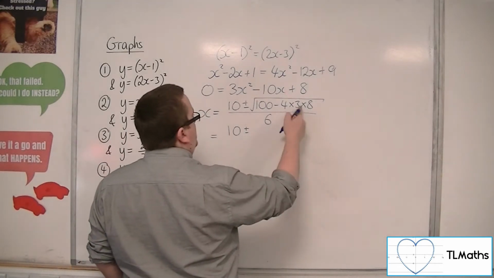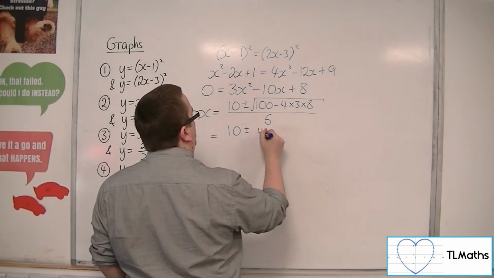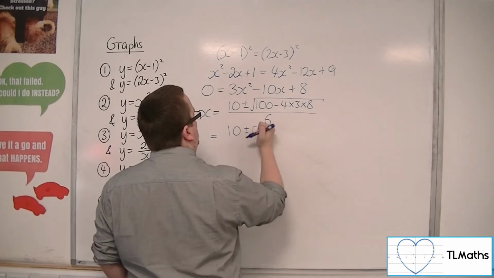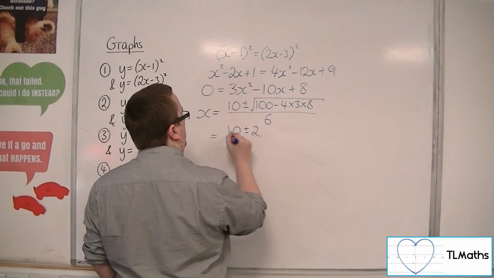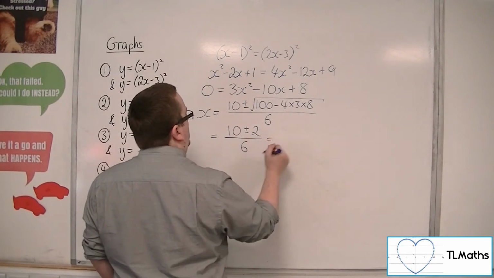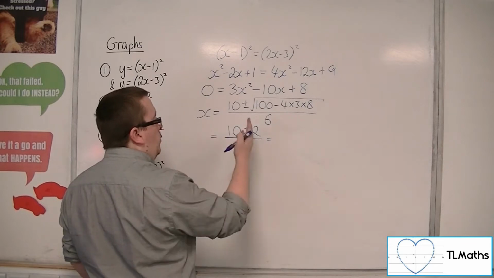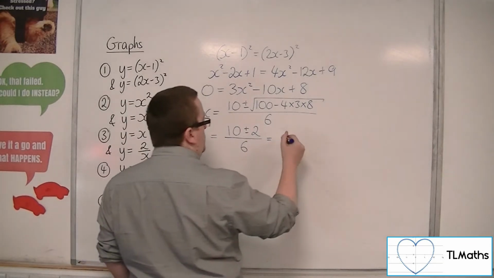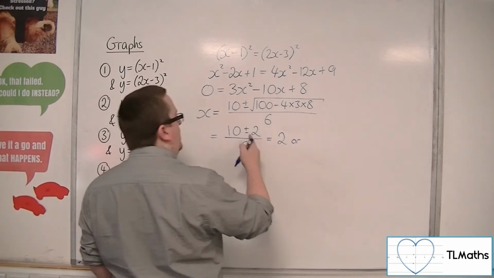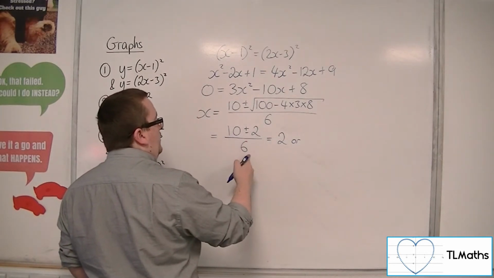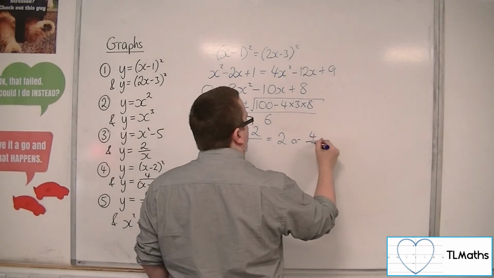So that's 100 take away 96, which is just 4. The square root of 4 is 2, all over 6. So we get 10 plus 2 over 6, so 12 over 6, which is 2. Or 10 take away 2 over 6, so 8 over 6, which is 4/3.